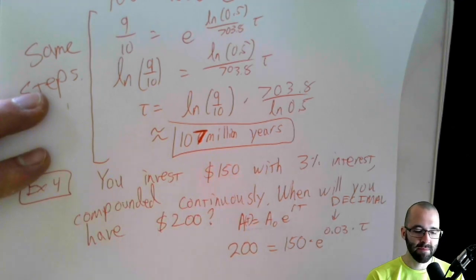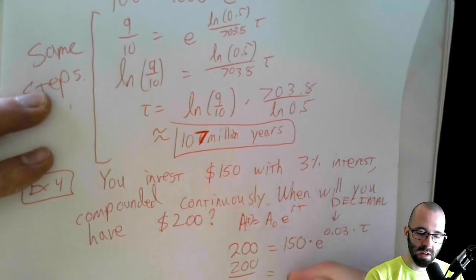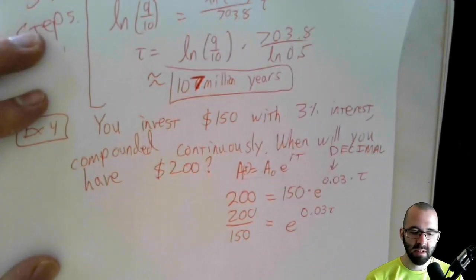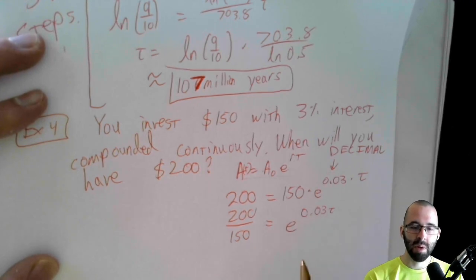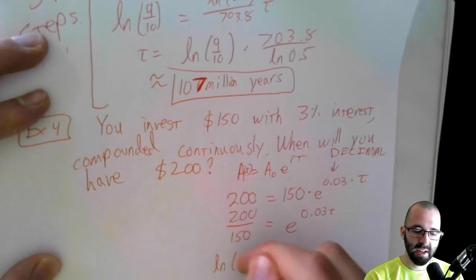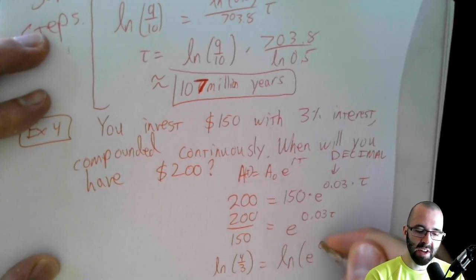To solve an exponential equation, isolate the exponential. So you need to divide by 150. The exponential is isolated. We can take the natural log of both sides. And we can also reduce. This is 4/3. So we get the natural log of 4/3 equals the natural log of e to the 0.03t.